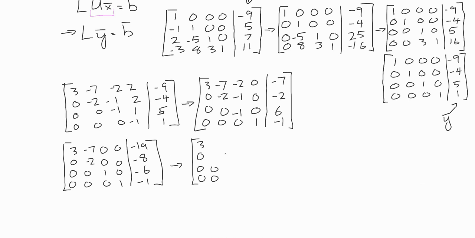Column 2, we're going to multiply everything by negative 1/2 to reduce down that negative 2 to a 1. Means our negative 8 will become a positive 4. Everything else here stays the same. Columns 3 and 4 are nice and locked in.